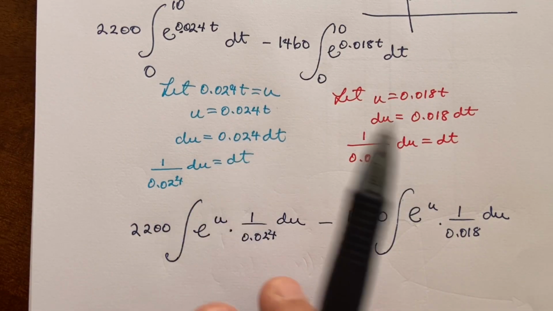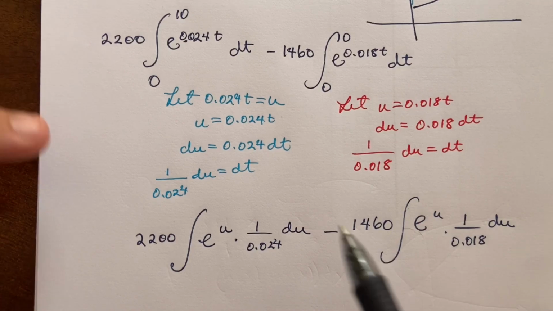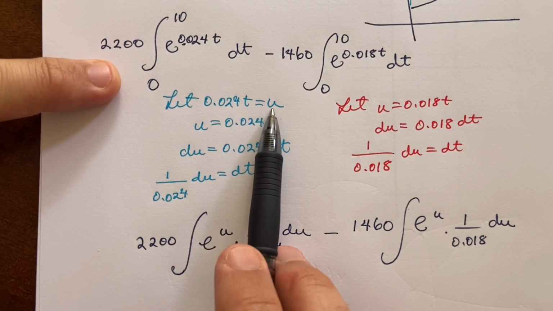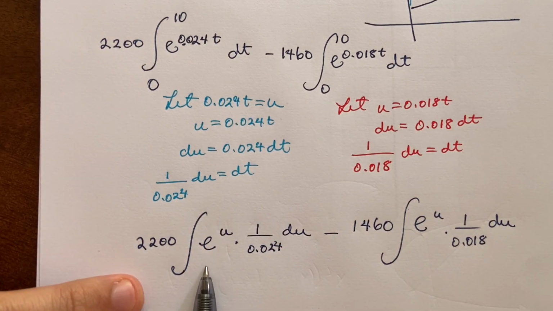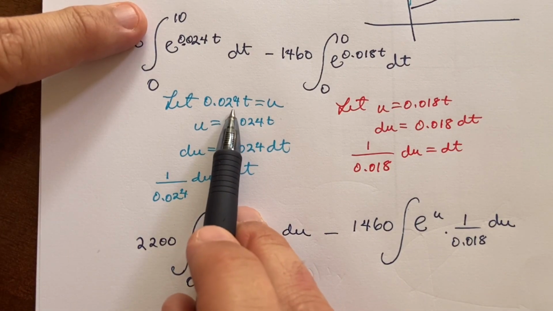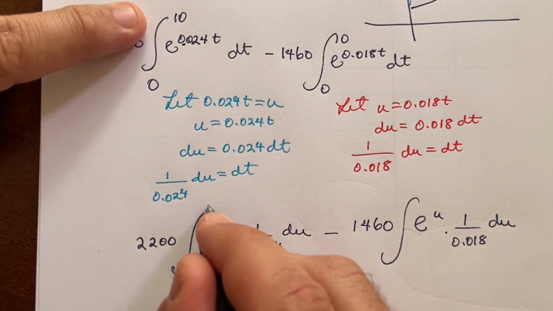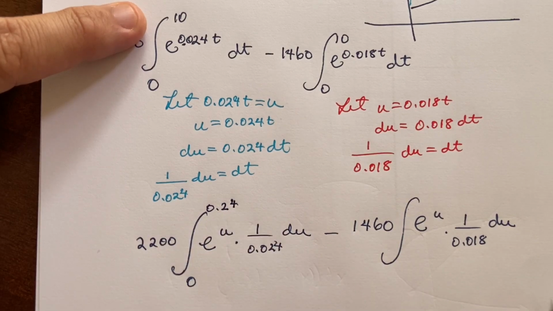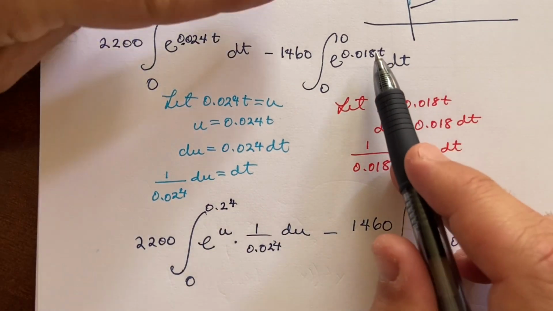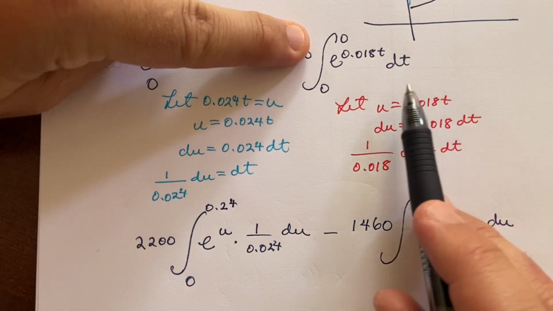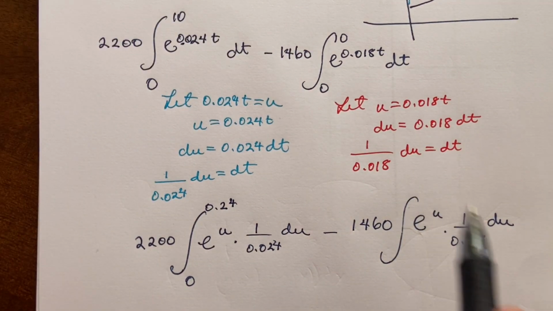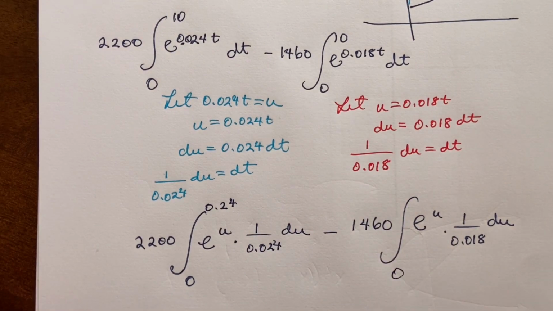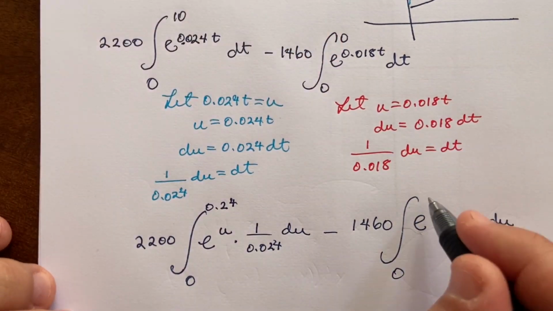For this one, you're going to get different limits. Plugging 0 into t gives the new lower limit, which is still 0. Plug in a 10 and you get 0.24 as your new upper limit. Now plugging 0 and 10 into the other substitution: plug in a 0, we still have 0; plug in a 10, we get 0.18.